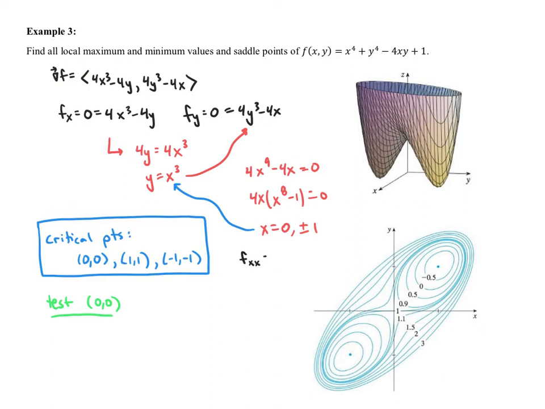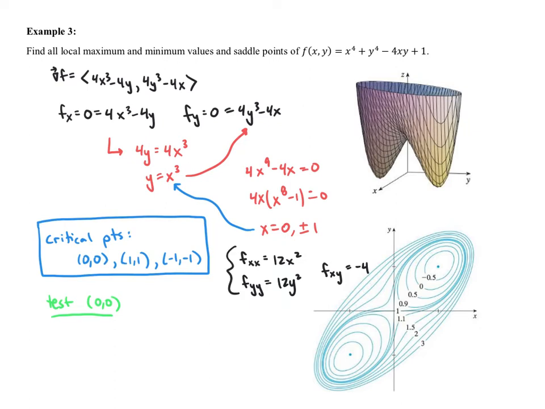The partial with respect to x both times would be 12x squared. The partial with respect to y both times would be 12y squared. And the partial with respect to x and then y is just the constant negative 4. That's our side note. Those are our second derivatives.